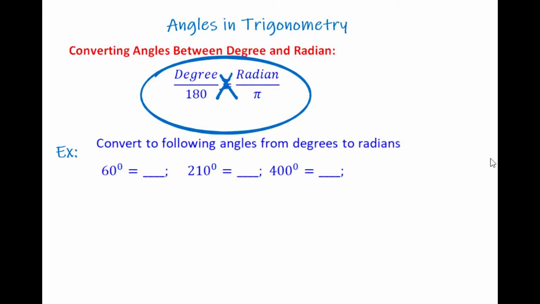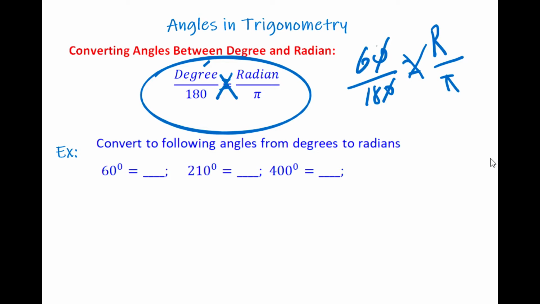Again, let's use this formula for 60. All we need to do is put 60 here instead of degree, okay? So we're going to have 60 divided by 180, and that is r, as radian, divided by pi, guys. Just apply the cross multiplication, and actually before going further, just cross out those zeros. So we have 6 divided by 18. If you divide 6 by 6, we have 1 here. If you divide 18 by 6, we have 3 here.